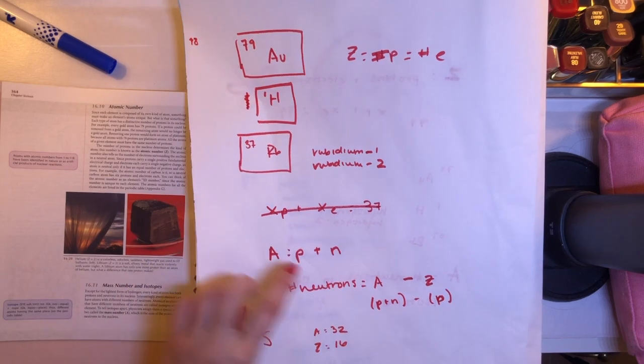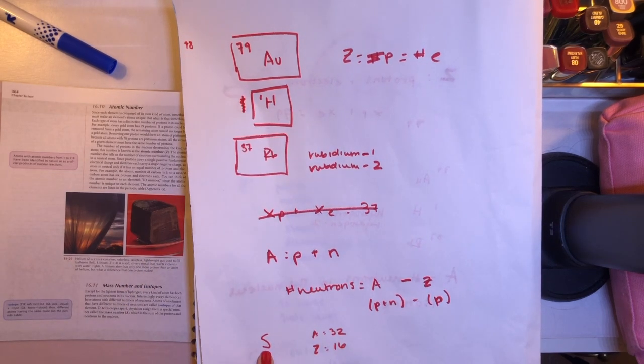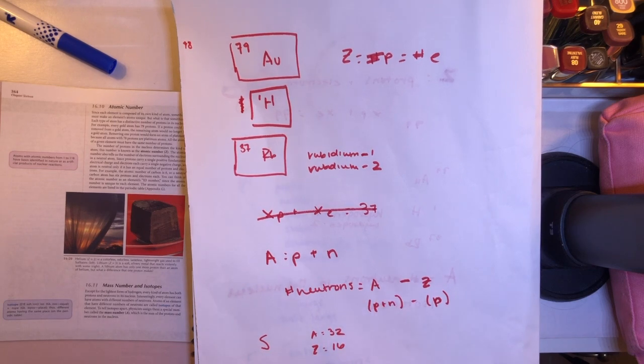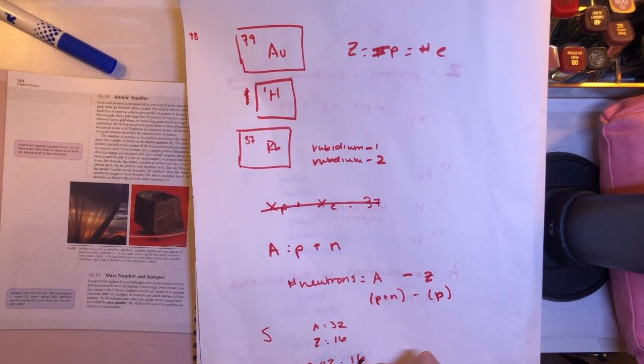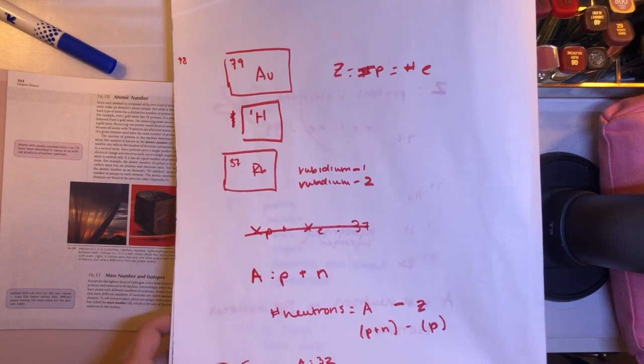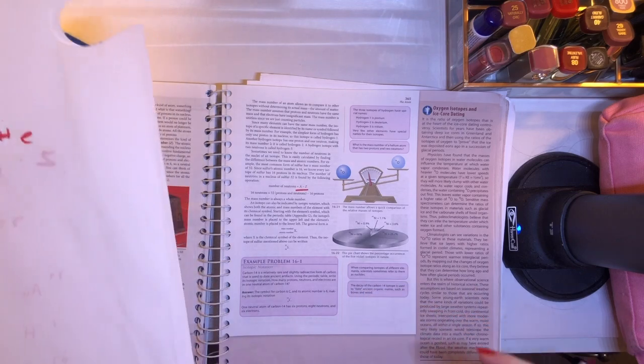So how would I find the number of neutrons in this common isotope of sulfur? I take 32 minus 16, and that gives me 16, right? Yeah.